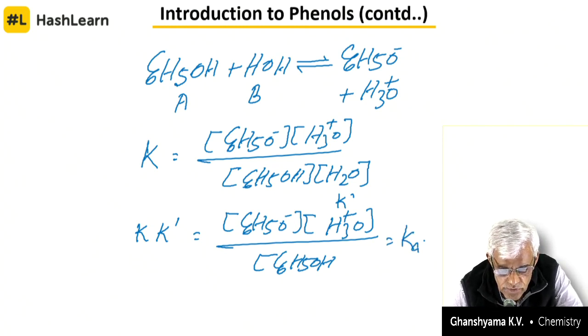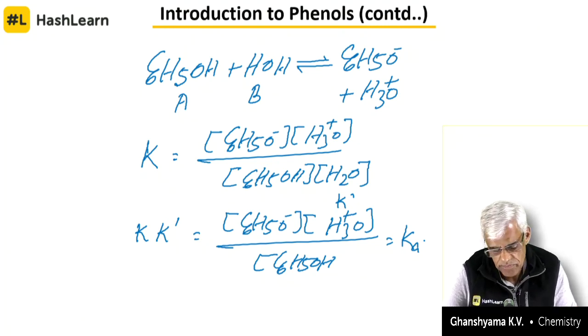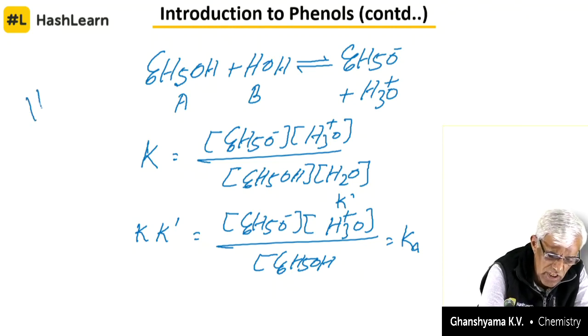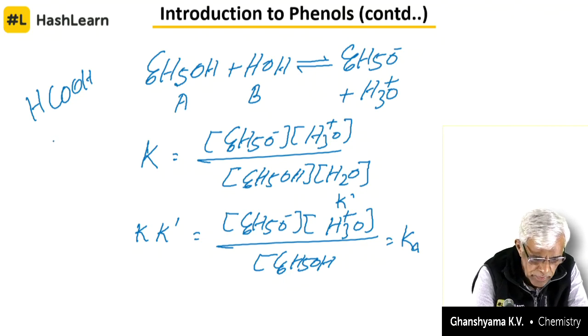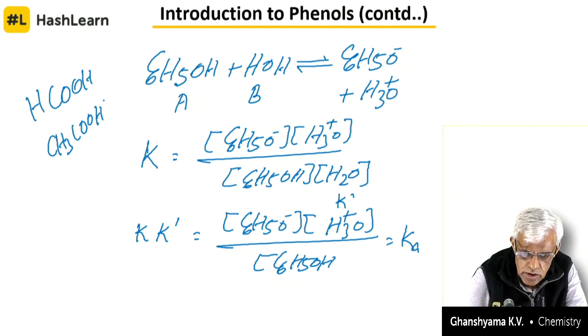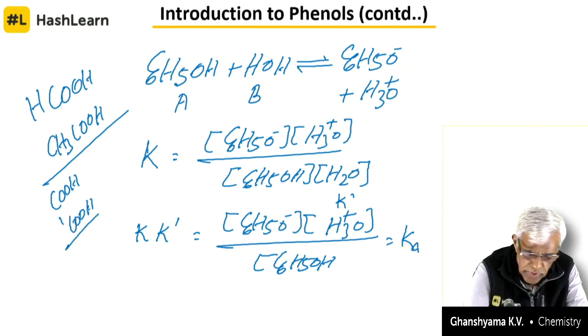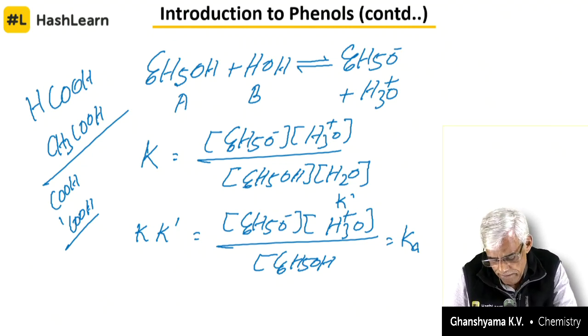Sir, phenol is weak acid, right? Certainly weak acid. Very weak acid compared to any carboxylic acid, HCOOH. Phenol is weaker. CH3COOH, phenol is weaker. Even compared to oxalic acid, phenol is weaker acid, very weak acid, weaker than carbonic acid.